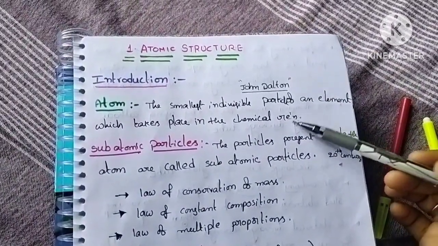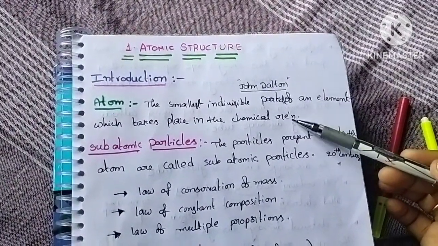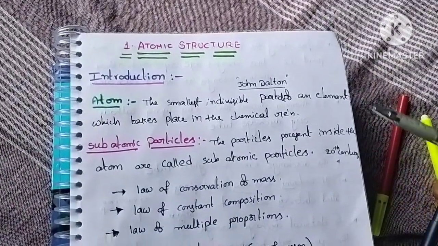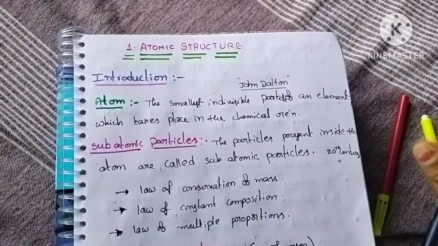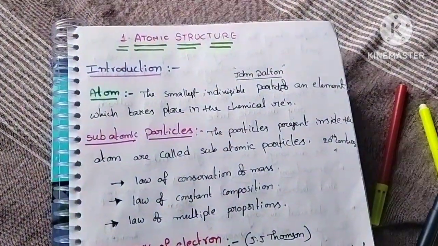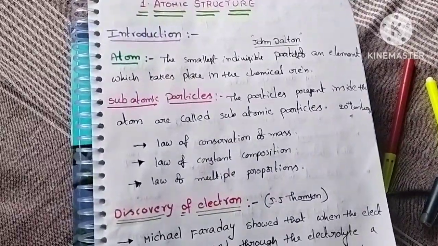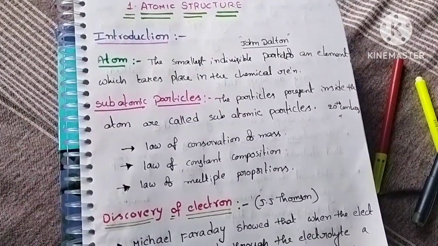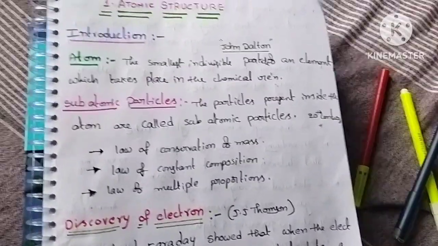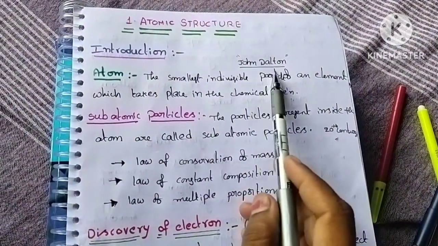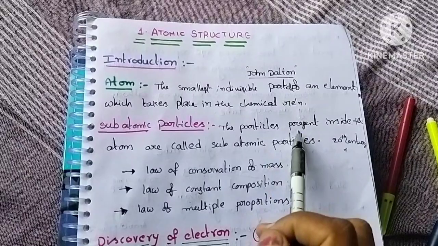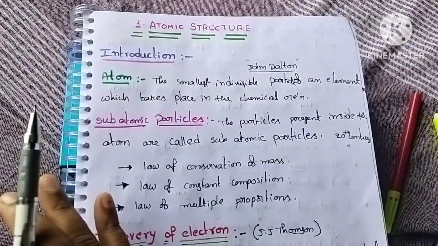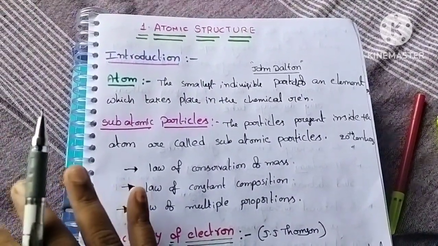Now, after Dalton's experiments, a number of scientists did their experiments on the structure of atom. Finally, some people concluded that the atom is divisible. John Dalton proposed that the atom is indivisible, but after Dalton's theory, some scientists discovered that the atom is divisible.